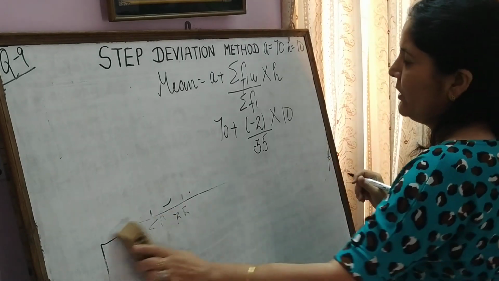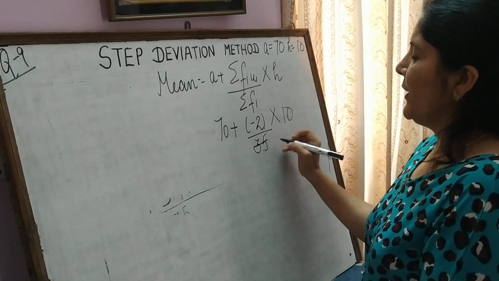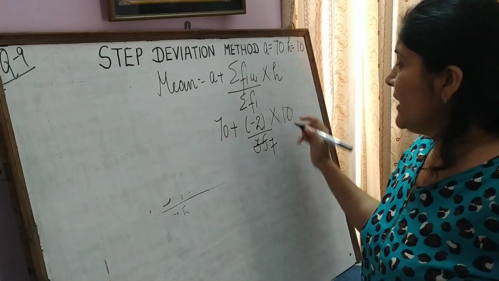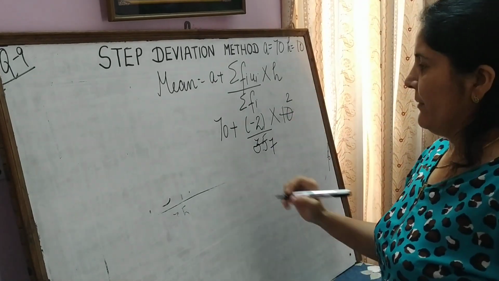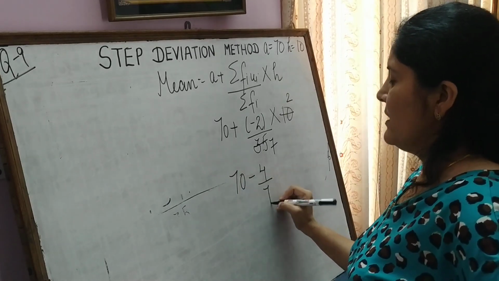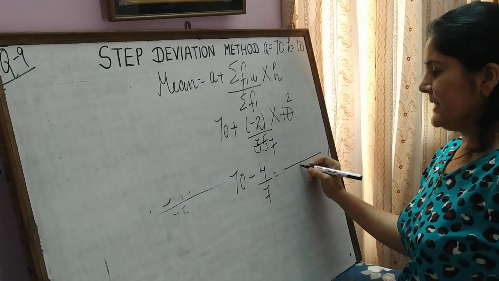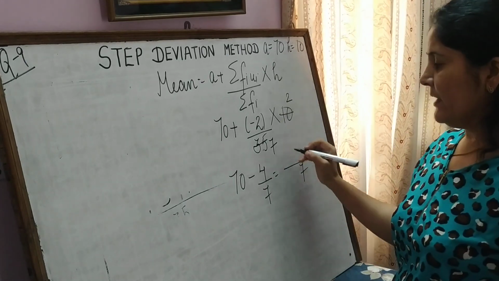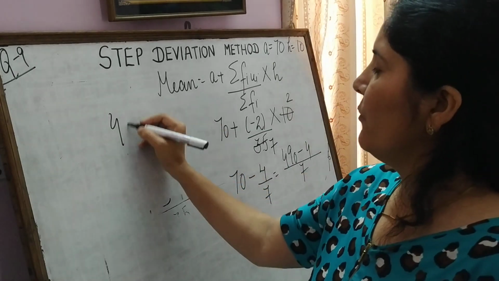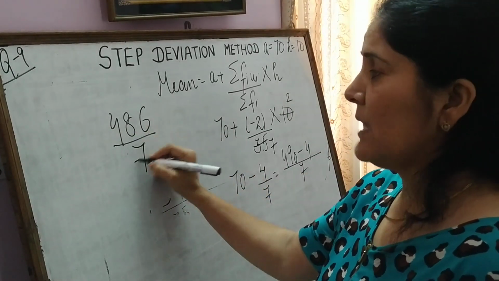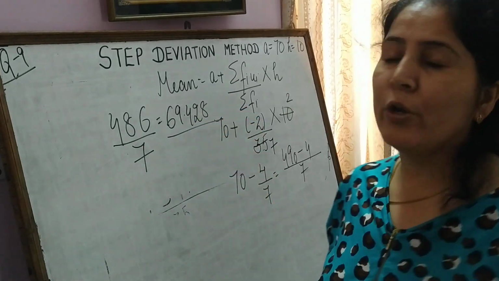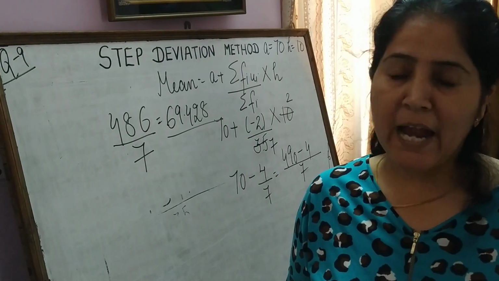Now let us calculate it. 35 is cut by 5: 5 sevens are 35, and 5 twos are 10. So we get 70 minus 4 upon 7. If I take the LCM, it will be 7. So 490 minus 4 is equal to 486 upon 7, and when I divide it, it comes to 69.428. I hope you understand this method.